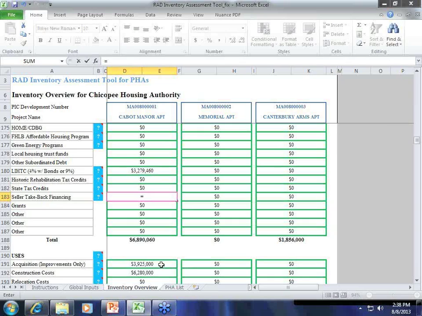The LLC hypothetically paid the housing authority for the units, but then the housing authority had to provide seller take-back financing to the deal so that the deal could work. So Will's going to go down and pick up that acquisition number and put it in seller take-back financing.